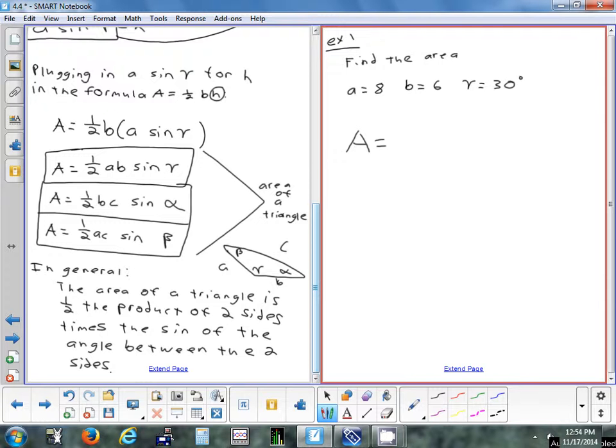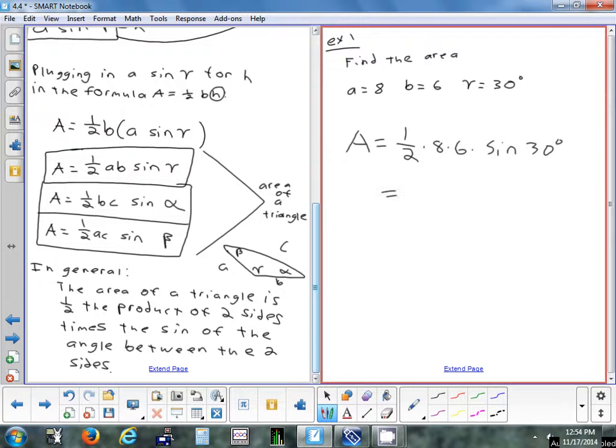Okay, so the area is going to equal what always comes right after area? Yeah, it always is a half. Doesn't matter what version of the formula you're using. So 1/2. And then what's going to come after the 1/2 here? A, B. Yep, 8 times 6 times one more thing. Sine 30. Good.